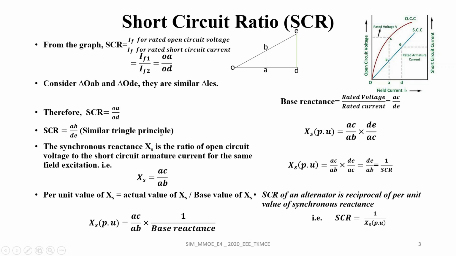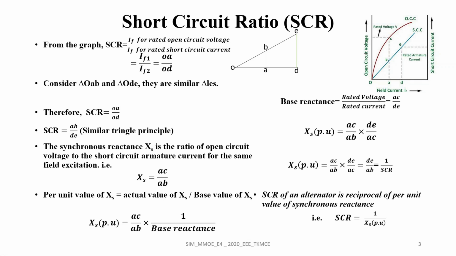By using the similar triangle principle, SCR is equal to AB by DE. Then what is the value of XS we got? XS we got as the reciprocal of this one. So we can say that SCR of an alternator is the reciprocal of the per unit value of synchronous reactance. That is, SCR is equal to 1 by XS per unit.